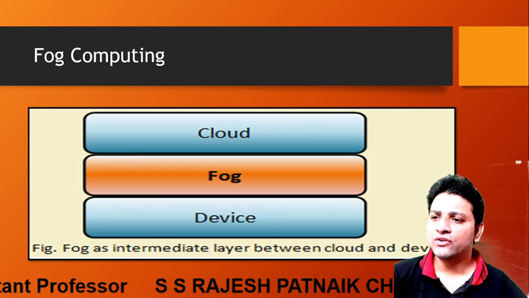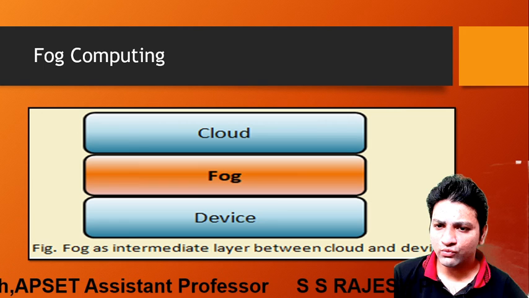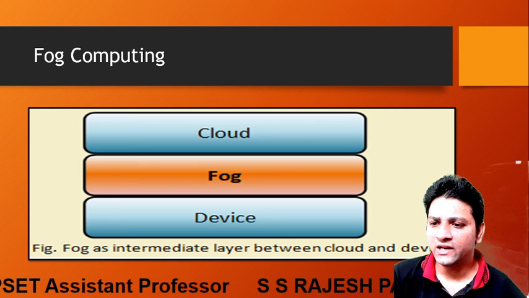If we are not going to process the data in the cloud, we want a middle-level layer. That layer is called fog.